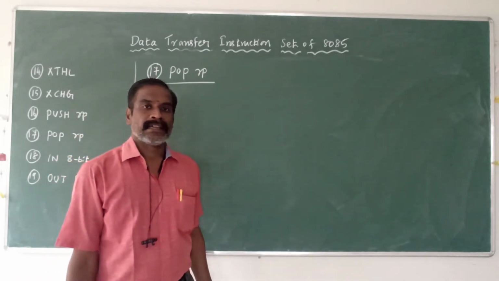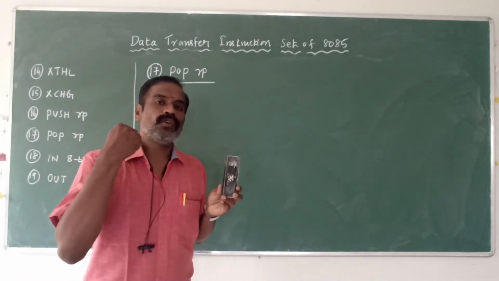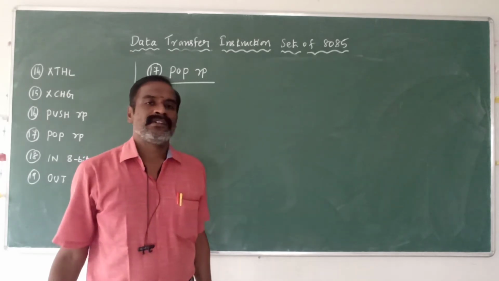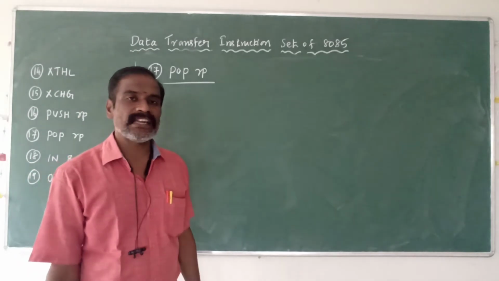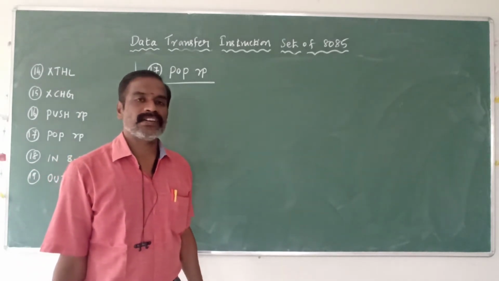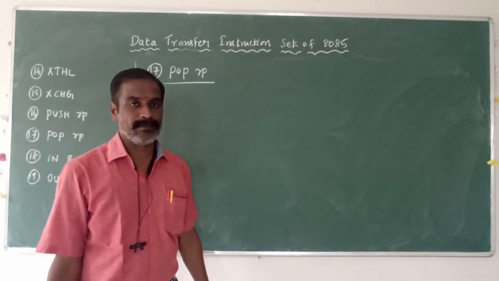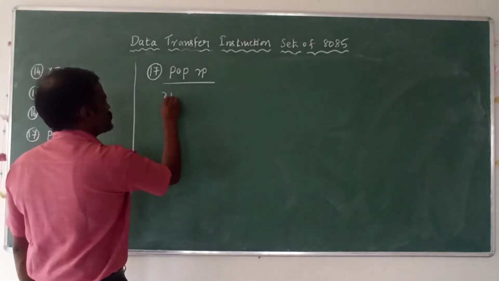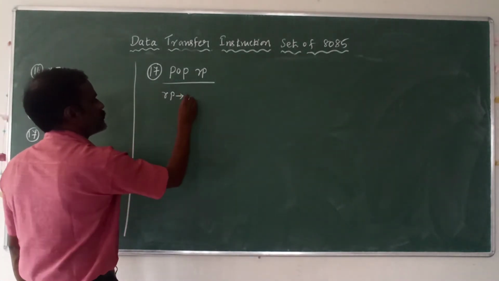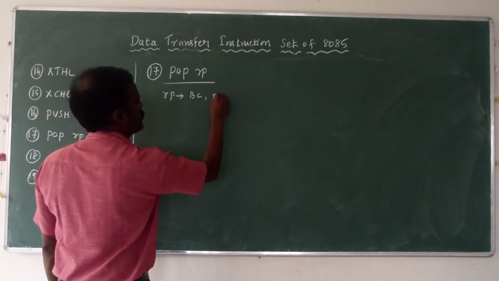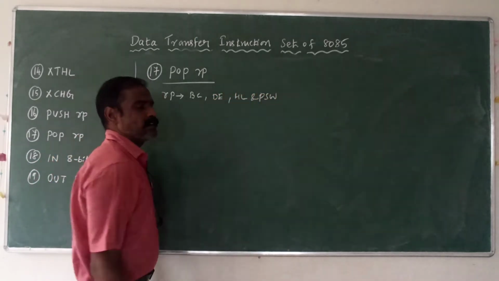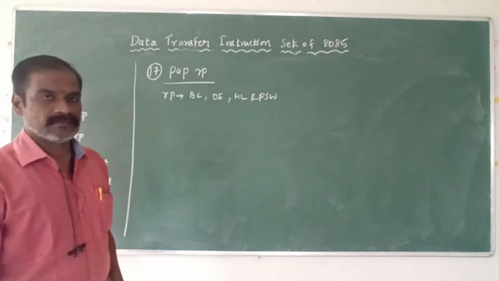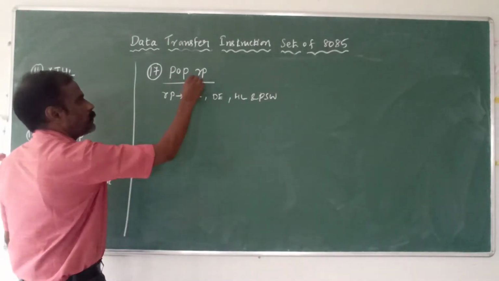Push means the register pair content is pushed into the stack, but pop means to retrieve the data from the stack to that particular register pair. Here the register pair is the same: BC, DE, HL and PSW, program status word.